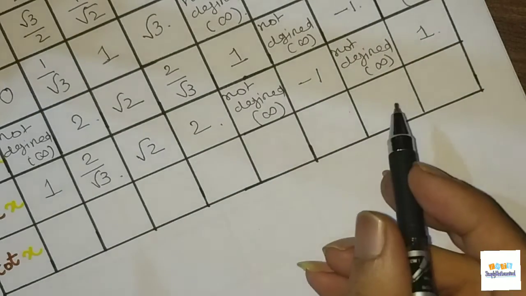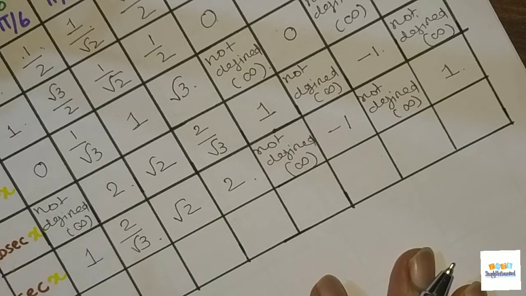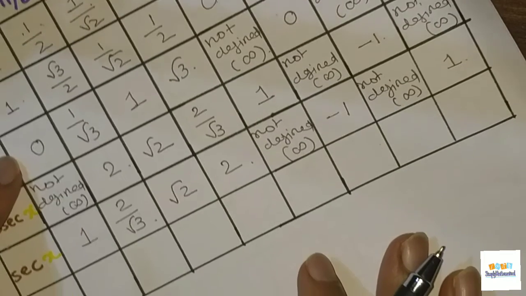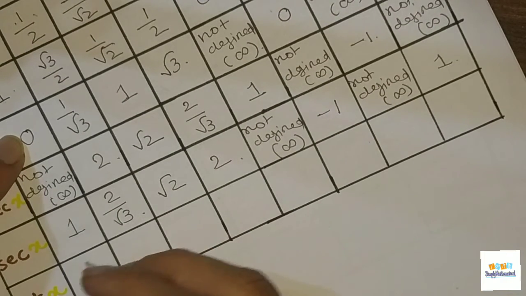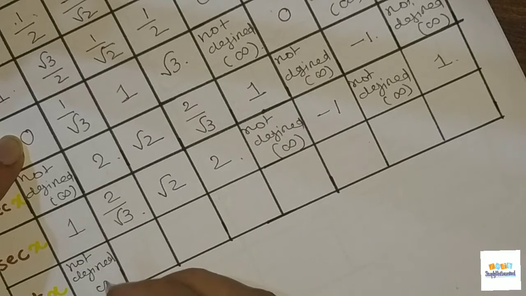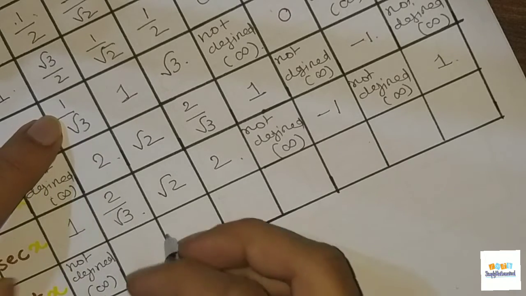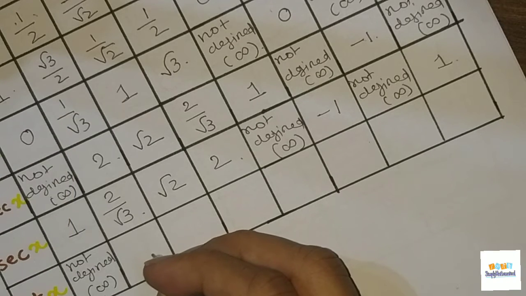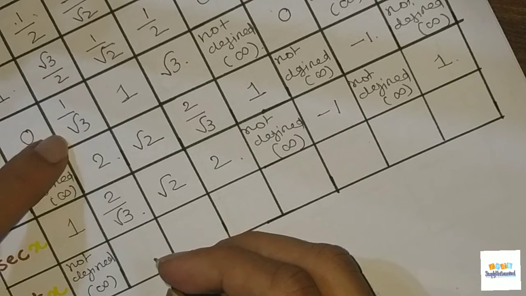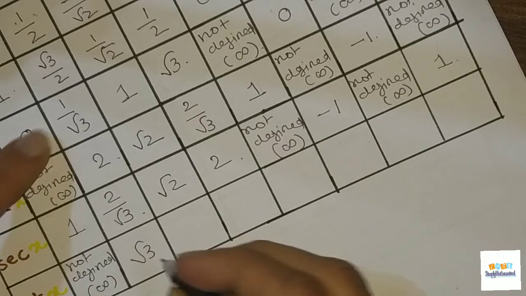Now we can find the values of cot x similarly. So cot is nothing but reciprocal of tan, right? So the values of cot x will be just the reciprocal of the values of tan x. So here you have 0, so the reciprocal will be not defined. Okay, which is nothing but infinity. Then cot of 30 will be reciprocal of this 1 by root 3, so that is root 3.